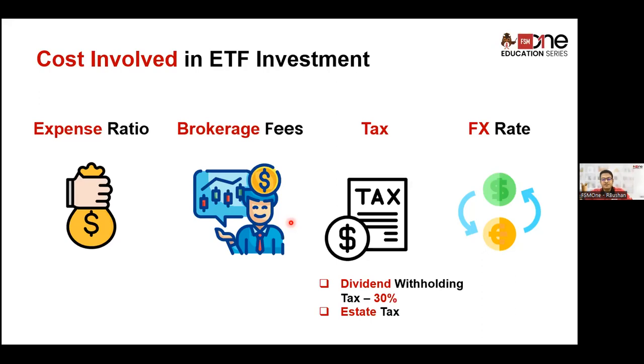And lastly, the FX rate. Okay, this is the fun part, because ETFs are actually listed across the world, right? Most exchanges carry ETFs. On platforms like FSM1, you have access to ETFs listed on the Singapore stock market, Hong Kong stock market, and US stock markets.